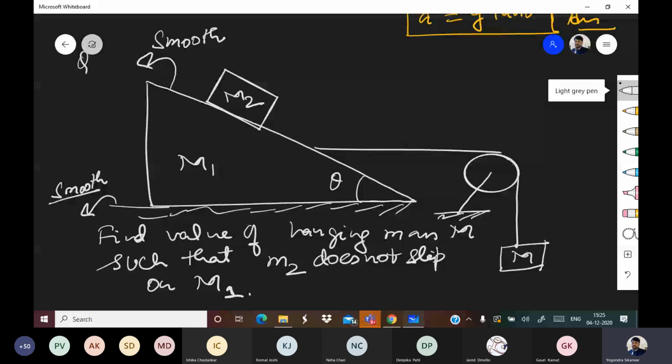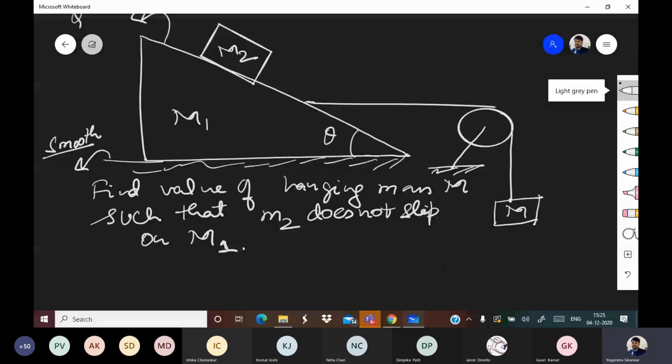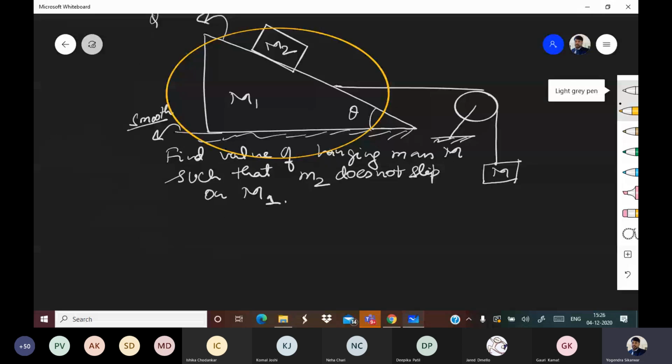Okay, everyone, please pay attention. Now, as M1 and M2 are moving together, we can consider M1 and M2 as a system. So basically, what the question gets converted into is that small m, mg is acting downward, and M1 and M2 are one block.